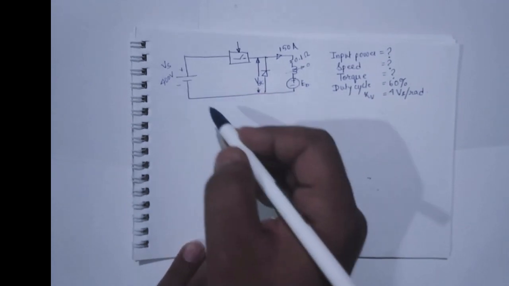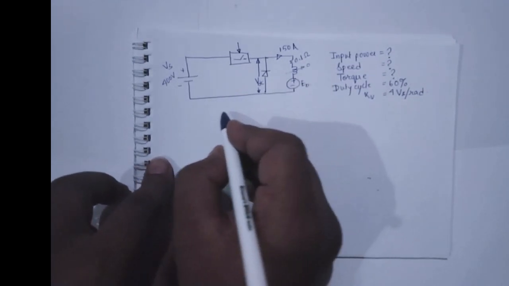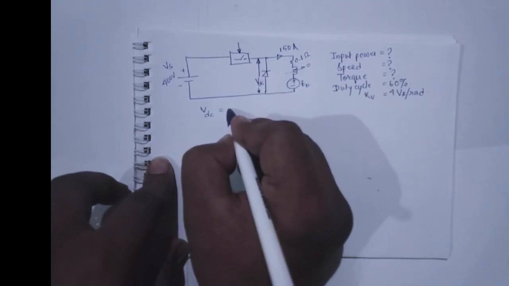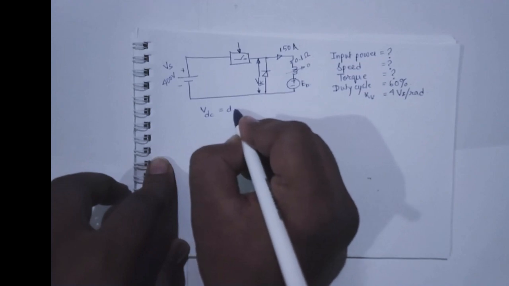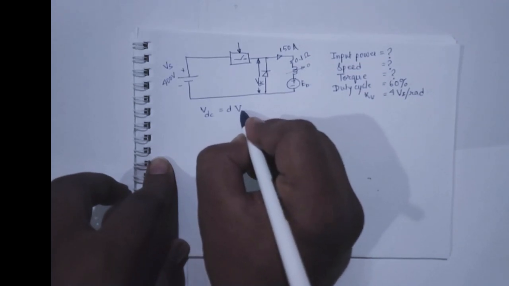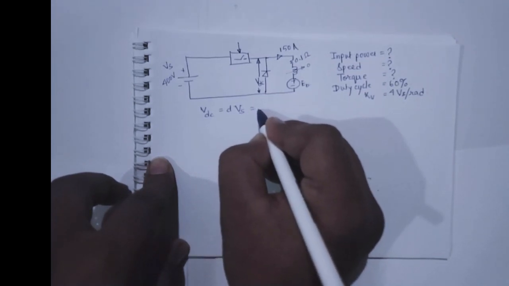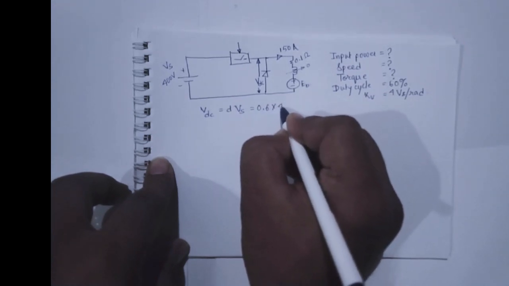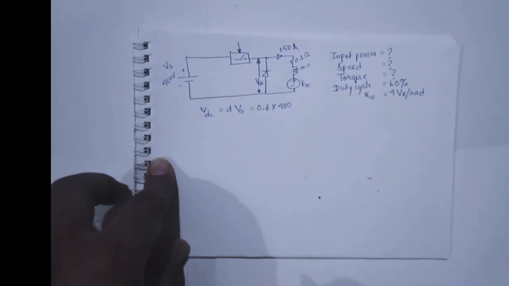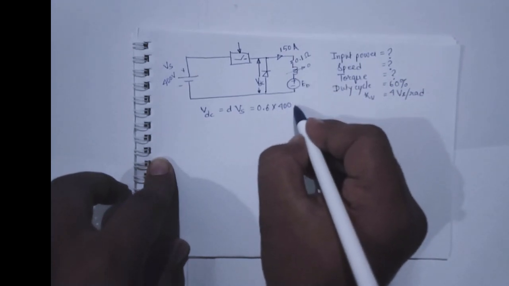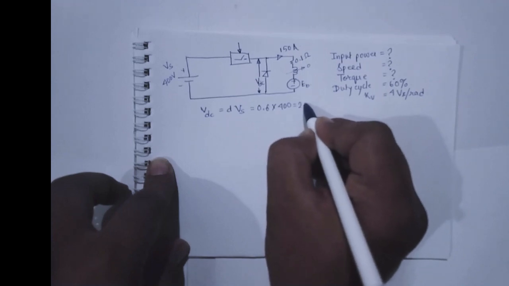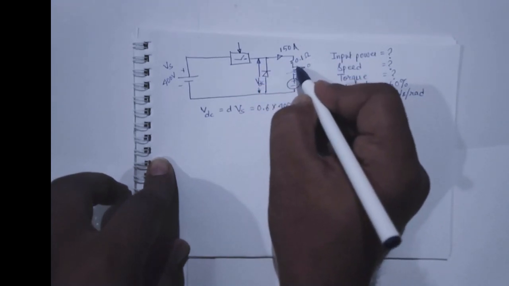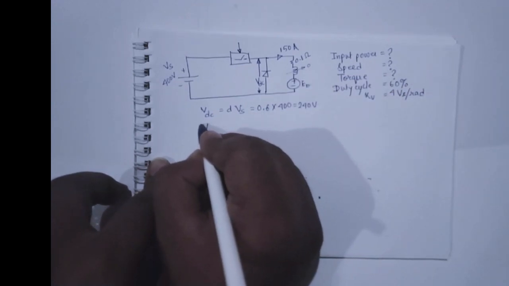So if this is Vs, then VDC would be duty cycle D into Vs. So this equals 0.6 into 400, that is 240 volts.